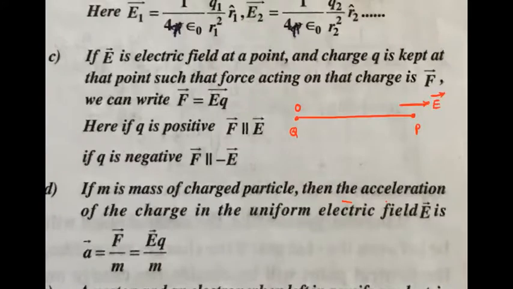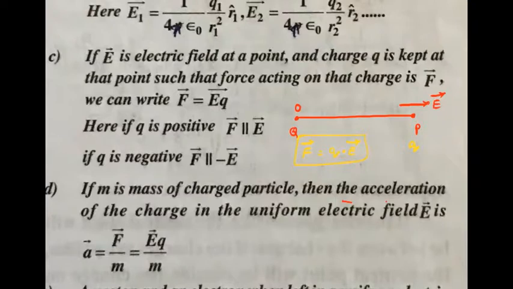E bar is the strength of the electric field at point B. Suppose I place a charge Q at that point, then what happens? The force acting on the charge is F equal to the charge at that point into the electric field. F bar equal to Q into E bar.